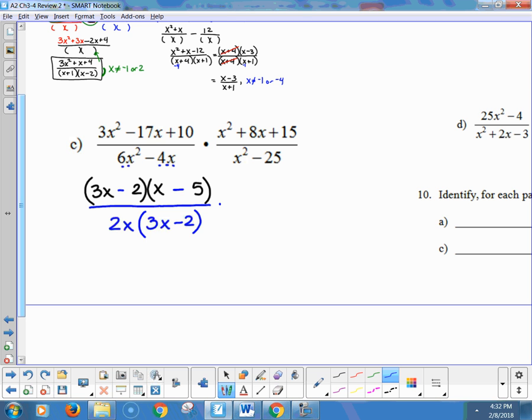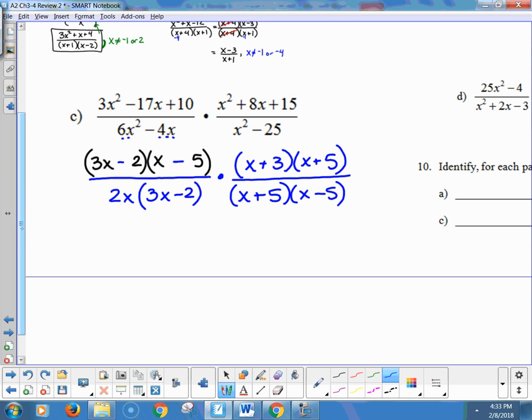We're multiplying this thing by x plus 3 and x plus 5 over x plus 5 times x minus 5. And it might be a really good thing at this point, before we go canceling things, to think about our excluded values, because we're about to get an answer. So we're going to get an answer for what this thing equals, provided x does not equal... So what would make this whole thing undefined?